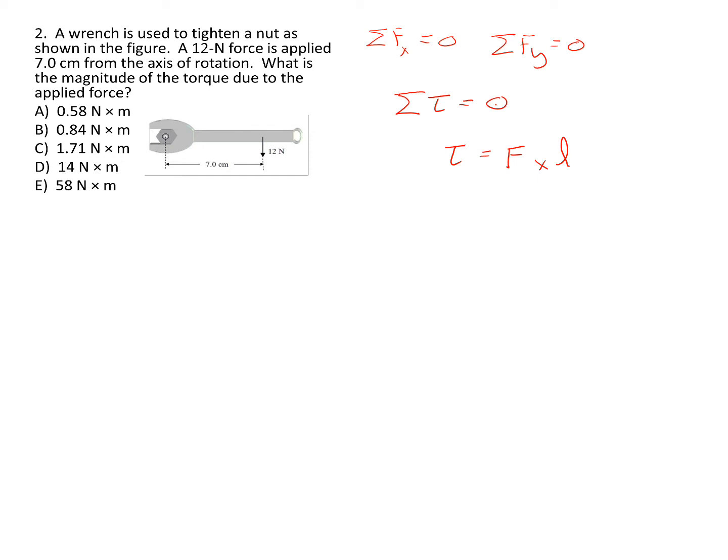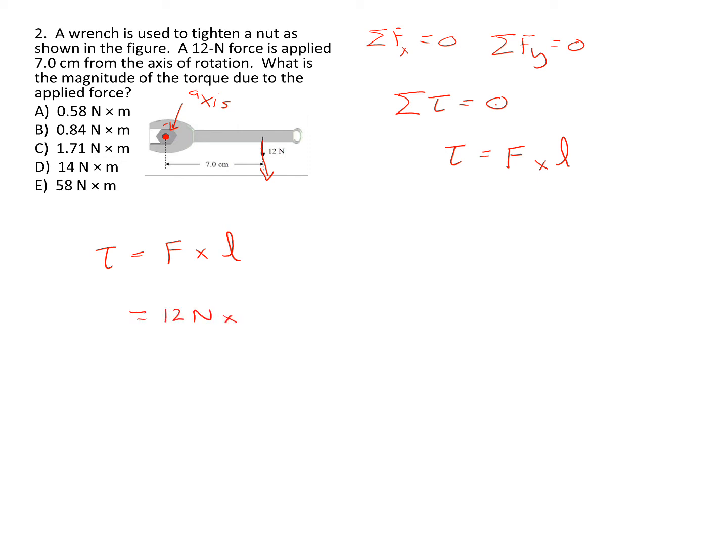So let's consider this example. A wrench is used to tighten a nut as shown in the figure. A 12 Newton force is applied. By experience you know this is the axis of rotation. What is the magnitude of the torque? If you want to calculate the torque, you need force and lever arm. Force is given, 12 Newton.